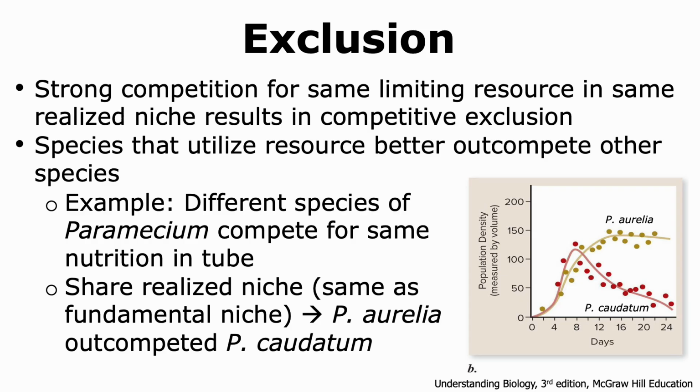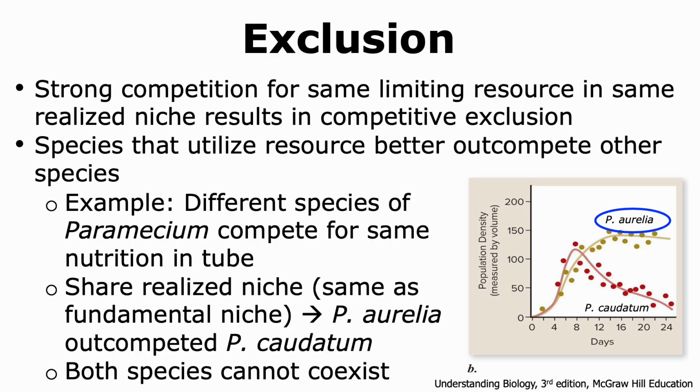In this scenario, we're able to see that Paramecium aurelia is able to obtain its resources in a much more efficient way and hence is able to grow more efficiently than Paramecium caudatum. Thus, in this scenario, both species cannot exist because of the competitive exclusion.